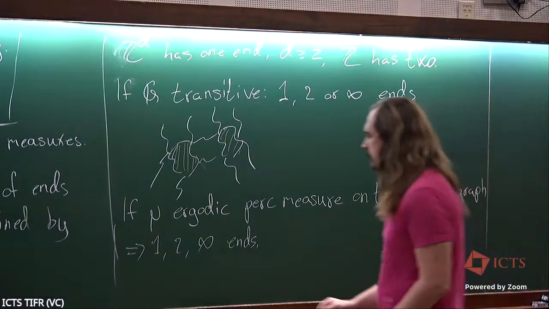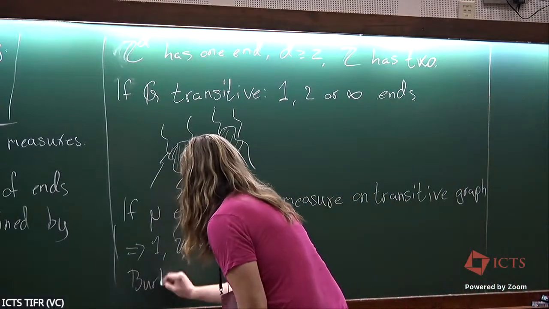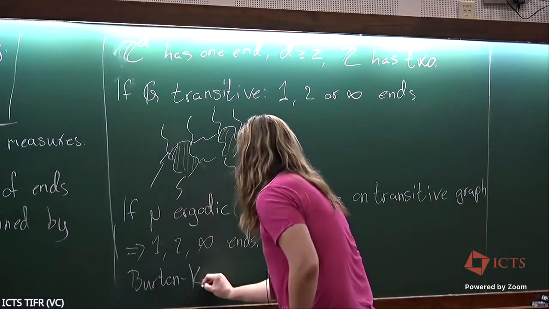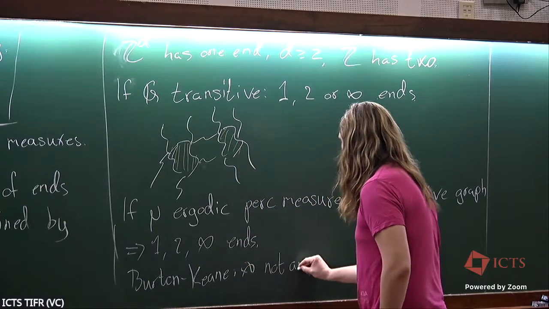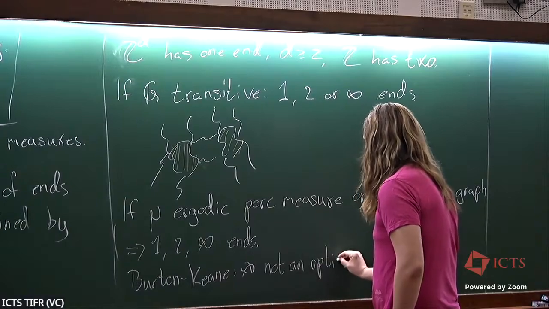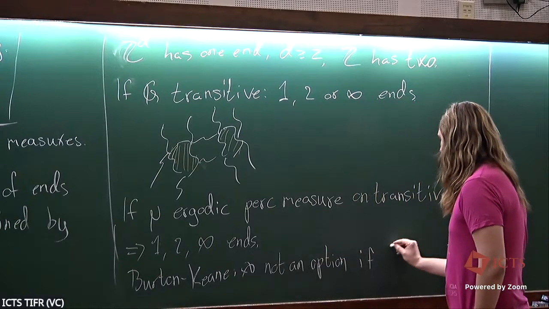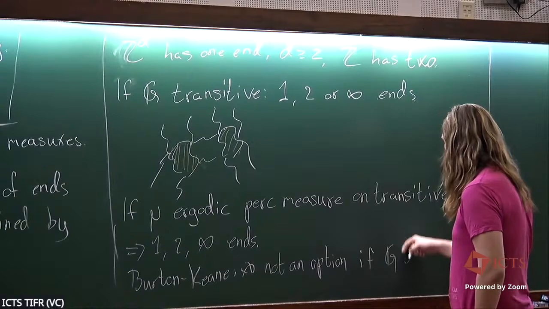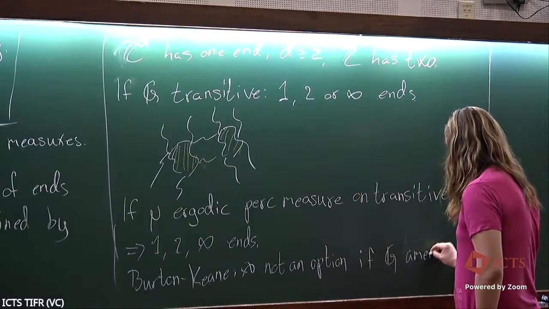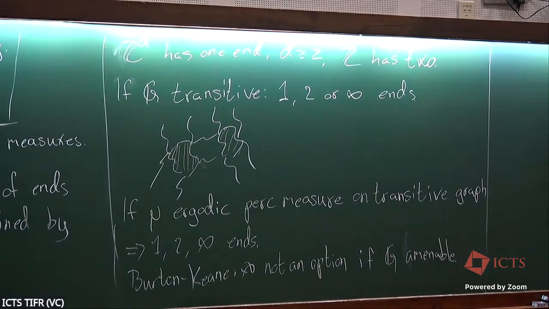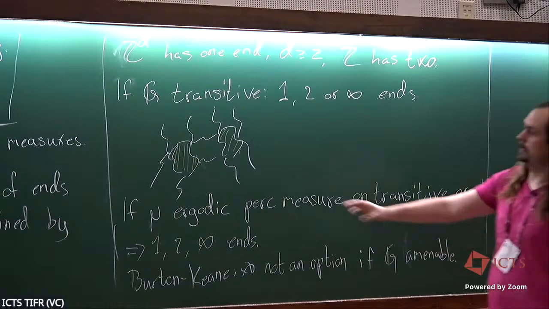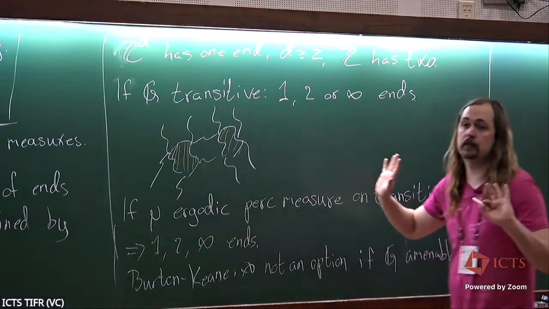And of course, Burton-Keane is going to come in and say infinity is not an option if G is transitive and amenable. It's just looking at Burton-Keane and convincing yourself it rules out regions that look like this just as well as it does normal trifurcations.